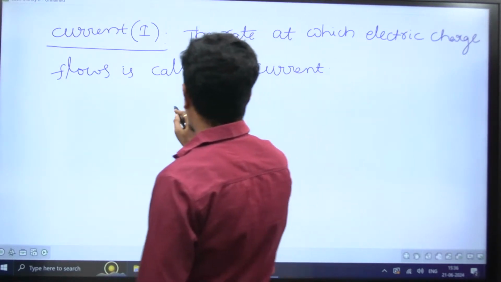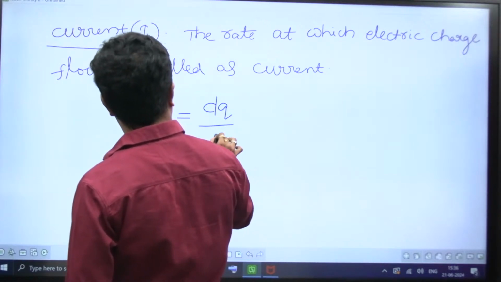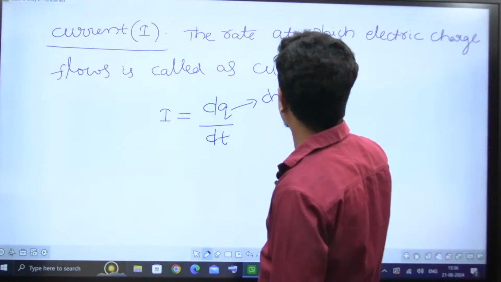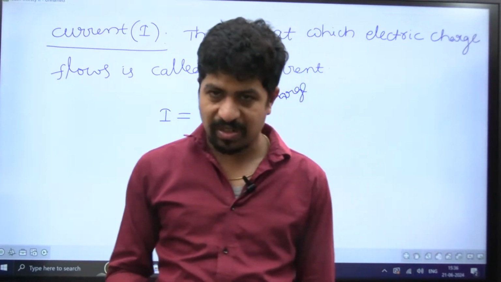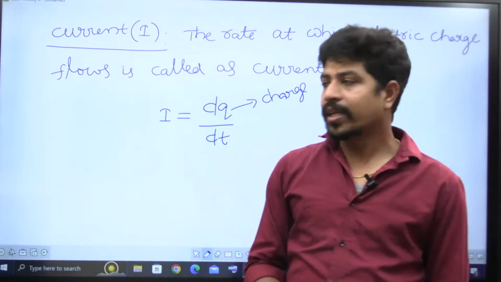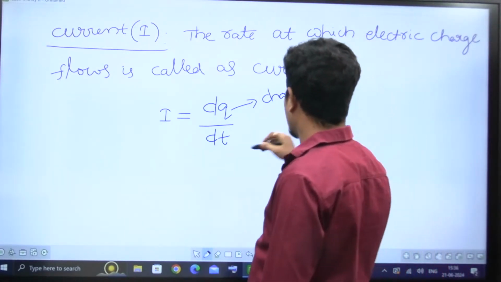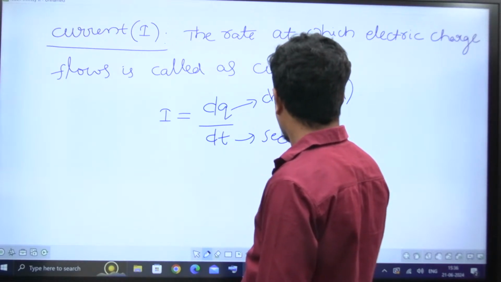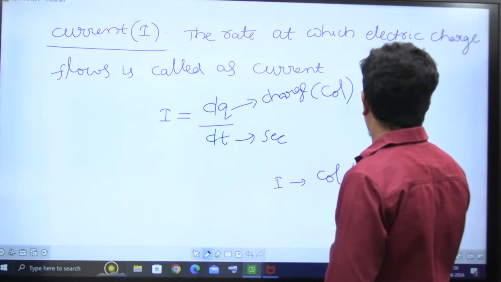That is, I is equal to dq by dt, where q is charge, electric charge. Basic property of the material is charge. Its units are coulombs. And this is seconds. So the units of current I are coulomb per second.